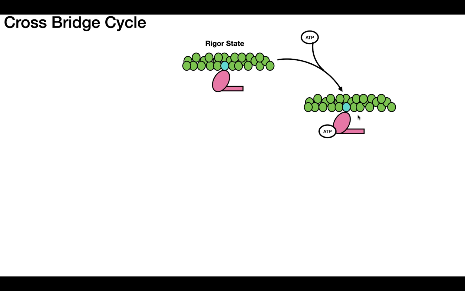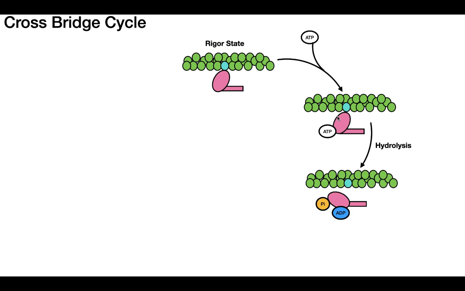What happens after that is that the myosin head, as we said, is going to hydrolyze the ATP because it is an ATPase. When it hydrolyzes ATP, it's going to produce ADP and inorganic phosphate. Both of these things are going to remain bound to the head.